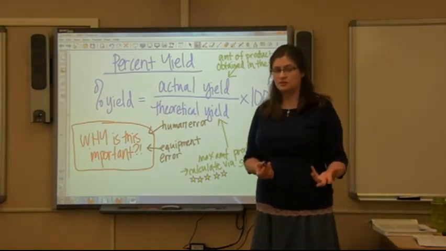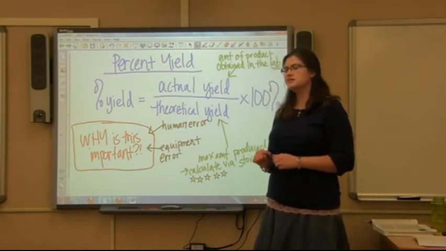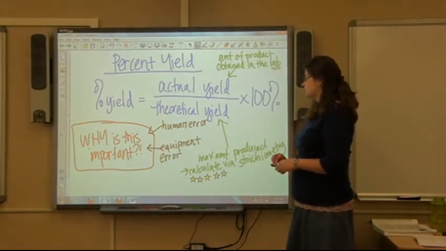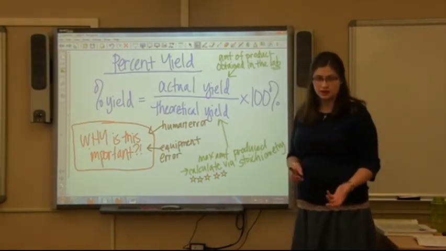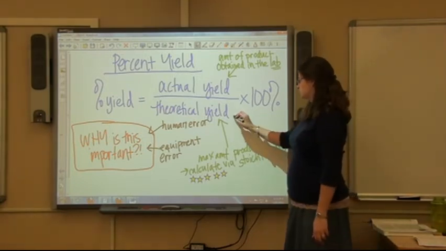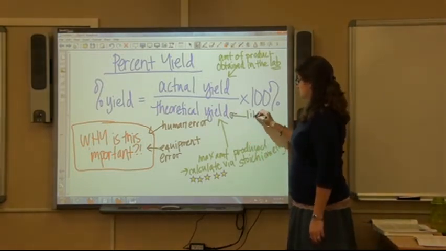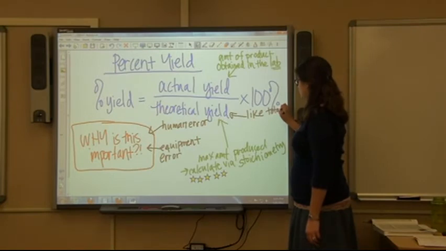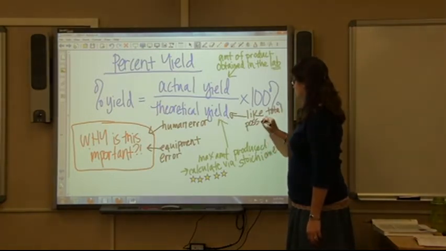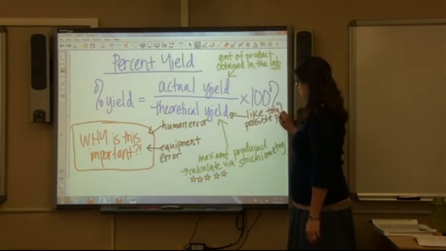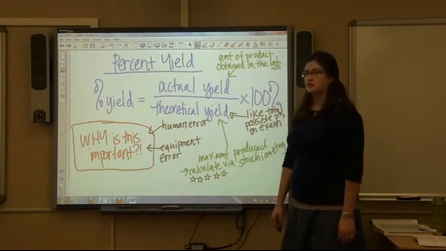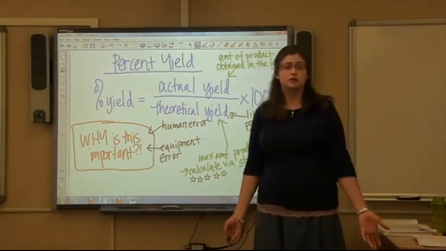Another way you can think about percent yield is the way that we calculate percent for your grade. Let's say there are 100 points on your exam. That would be like the theoretical yield, the total possible points on an exam. Theoretically, you could get 100%.